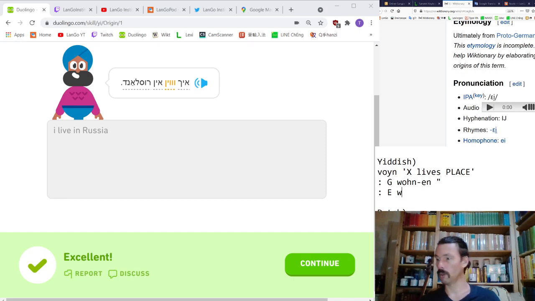English one's also going to start with a W. What do you know? So I mentioned a couple derivatives there. Gewöhnlich, customary. Three letters missing there for our English cognate.